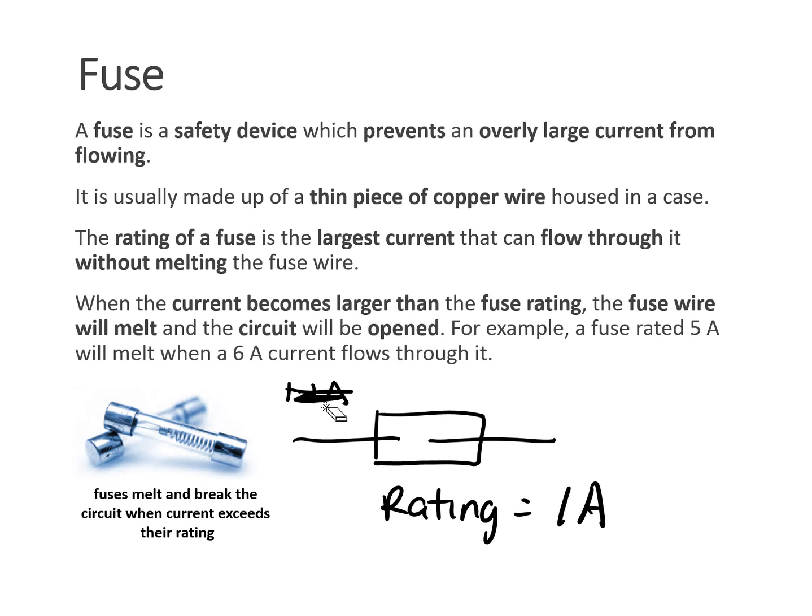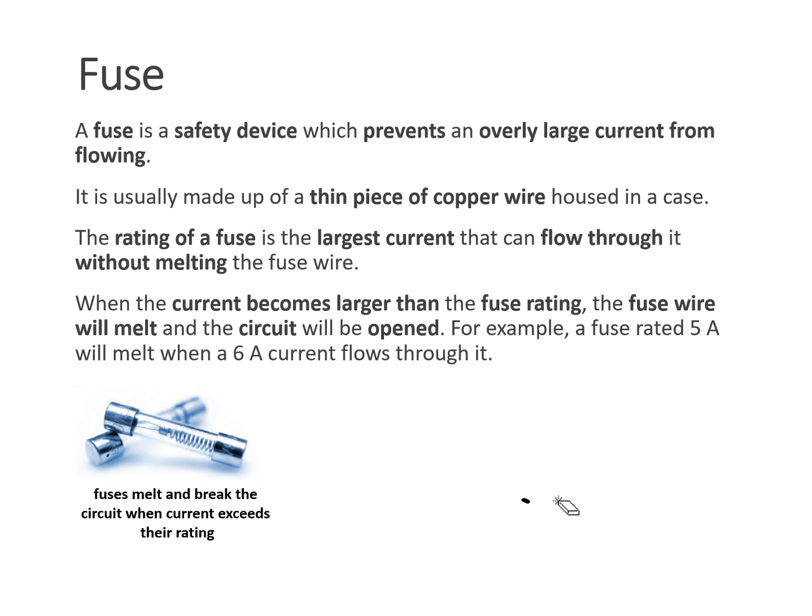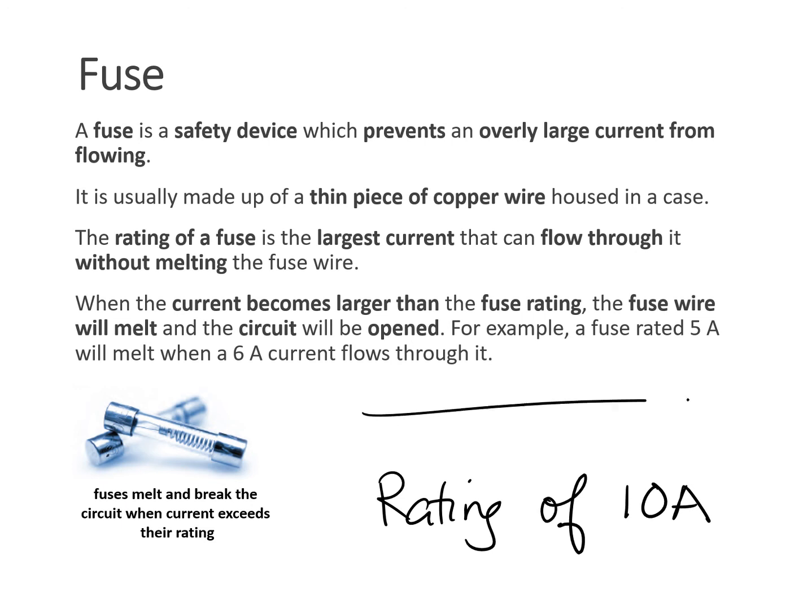Of course, there are different kinds of ratings. So if your fuse has a rating, let's look for a bigger one. Let's say some fuse have a big rating, like, let's say, 10 ampere. Then what it means is that 1 ampere, yes, it can pass through. 2 ampere, 5 ampere, 7, 9.9, 10.